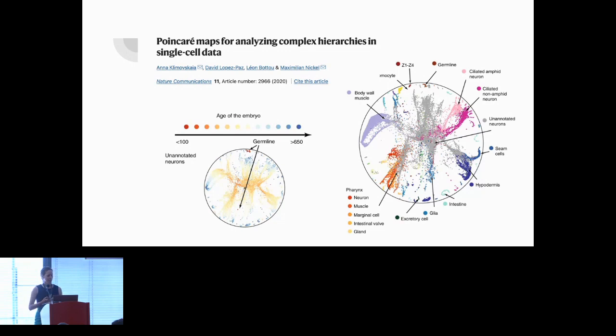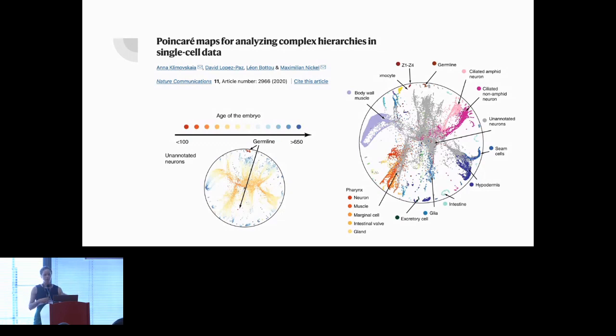She developed a method named Poincaré maps, which allows representing the single cell data in a way that we clearly distinguish different clusters. We can also do some inferences about the cells in it. Here you can see that all the non-differentiated cells, the gray zone, will always be located close to the center.